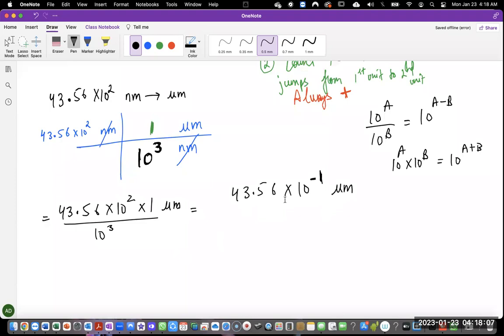Okay, so when I have to make the number a scientific notation, this decimal cannot stay at this point. The decimal must be between the first two numbers. So a number must look like this for it to be a scientific notation. Okay, so that's one thing you want to make sure you understand. So 43.56 times 10 to the power -1 micrometers.